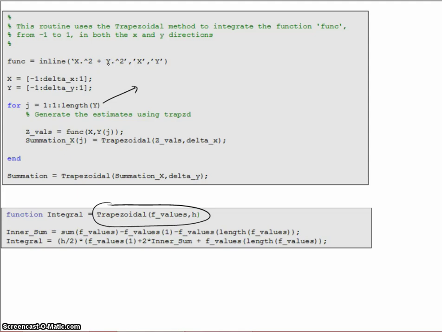If you recall, we do our integral in the x direction first, so this will loop over all the different values of y: y0, y1, y2, and so on. For each value of y, you use the trapezoidal rule to solve the integral in the x direction. Once you have gathered all the values, you call the trapezoidal rule again, but this time you do the integral in the y direction.